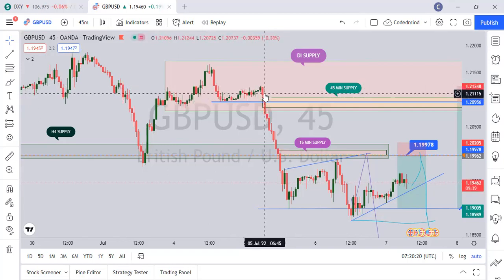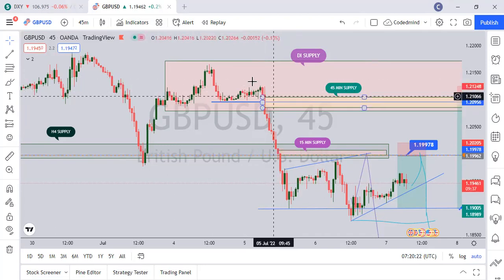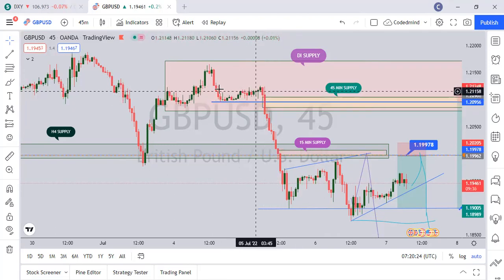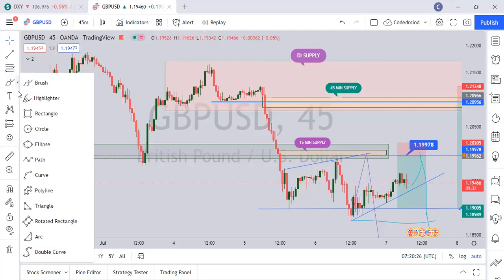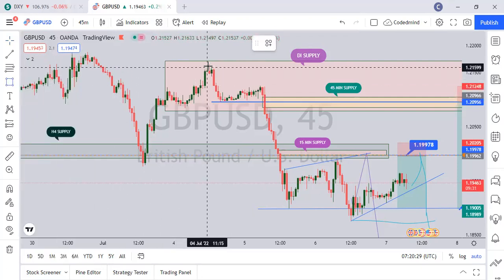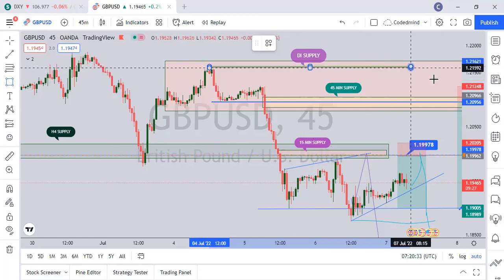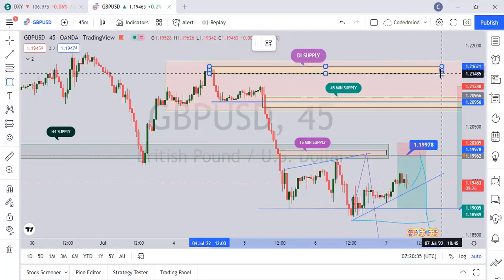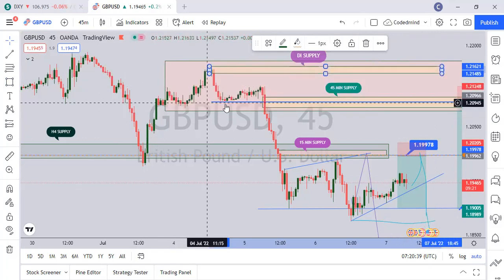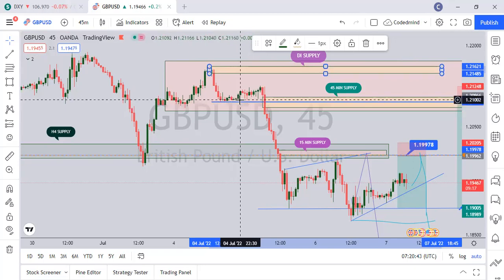Okay, so others have been taken out. The only way I see another zone playing out aside the imbalance area is this next IFC over here. Now, the reason why I didn't go for that is I see price moving down from here, since that area is as well a flip area or a flip zone.